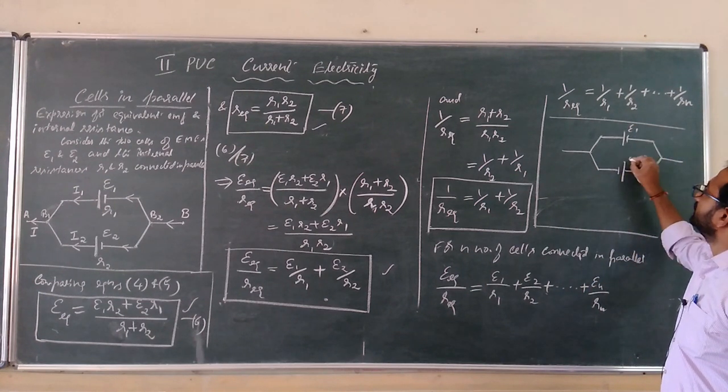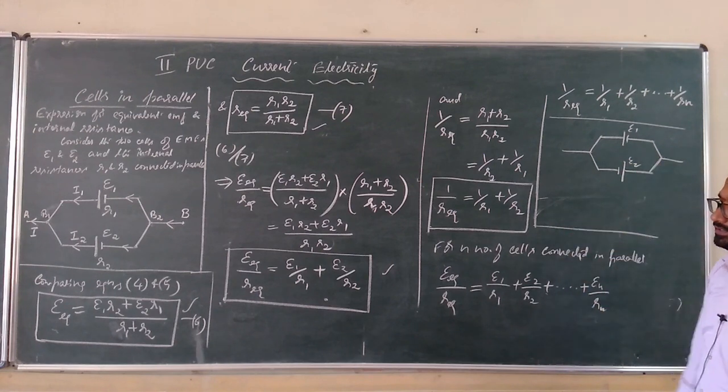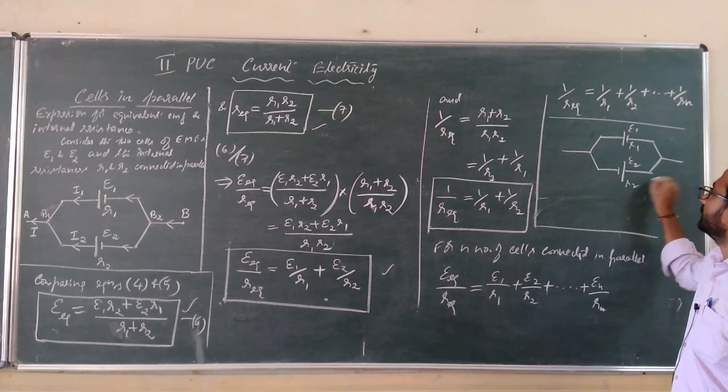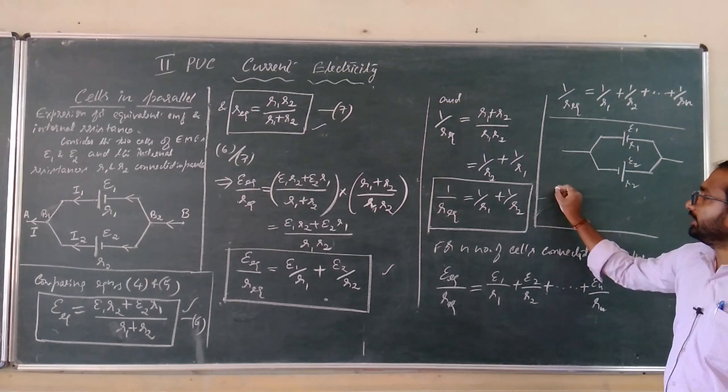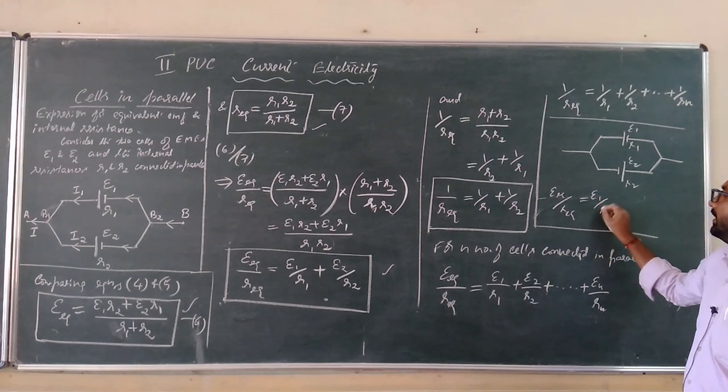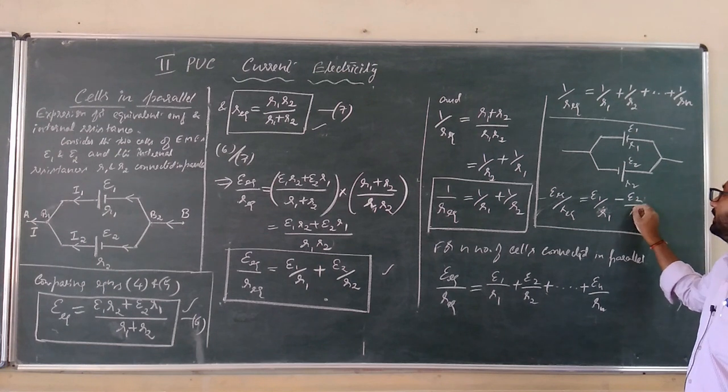This is E1, this is E2, and the direction of current is the same. Say this is R1, this is R2. Then E equivalent by R equivalent is equal to E1 by R1 minus E2 by R2.